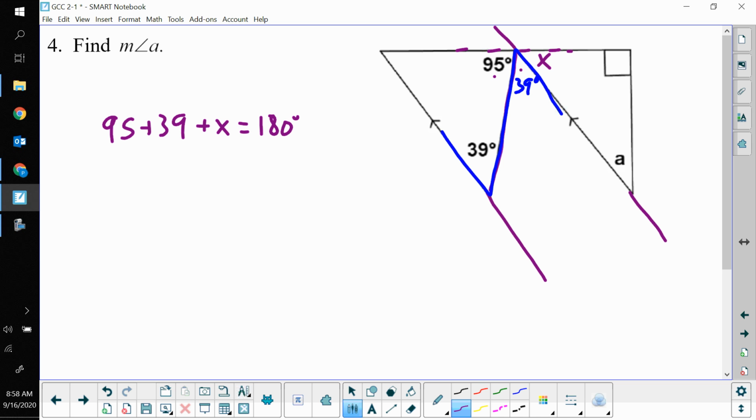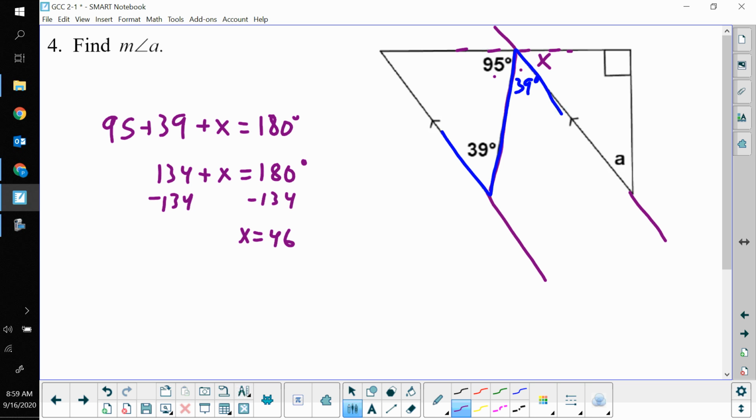If we combine like terms, that's going to give us 134 plus x equals 180 degrees. And subtracting the 134 over will give us that x is 46.